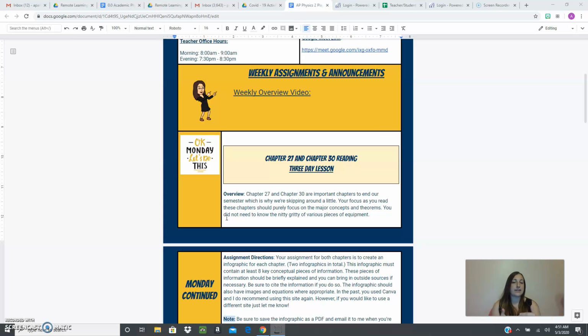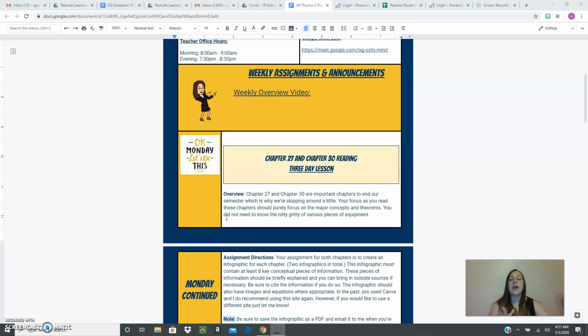And then chapter 30 is the nuclear unit, which we see a lot more on the AP exam than any of the other modern topics, but it's a really easy mathematical question to answer. Conceptually, there are some things you have to think about, but when you get a nuclear question on an AP exam, it is a very straightforward, simple math question. So those are the ones that we do like on the exam, and you will see that as we go through.